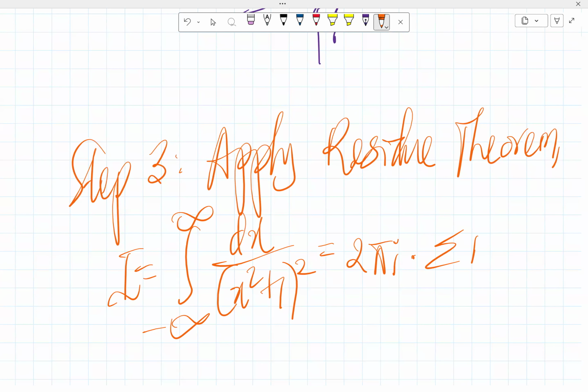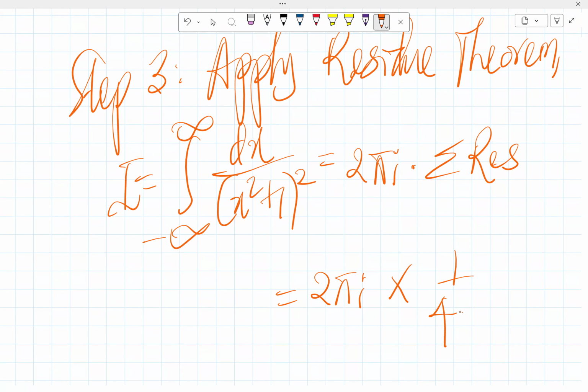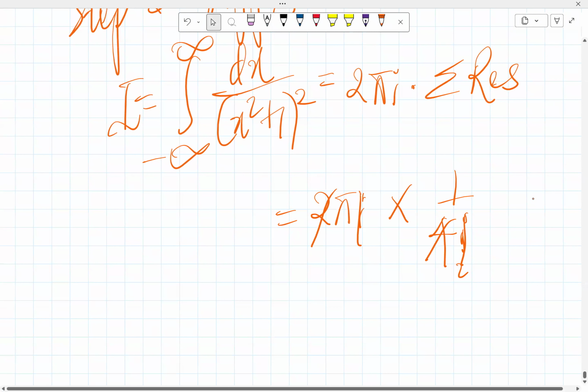So that is 2 pi i times 1 over 4i. So i cancels i. 2 here is 1, 2 here is 2. So that is equal to pi over 2 at the end of the day.